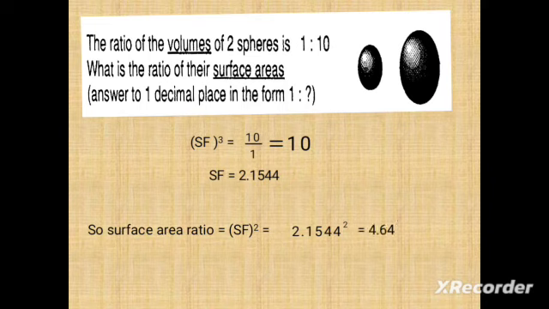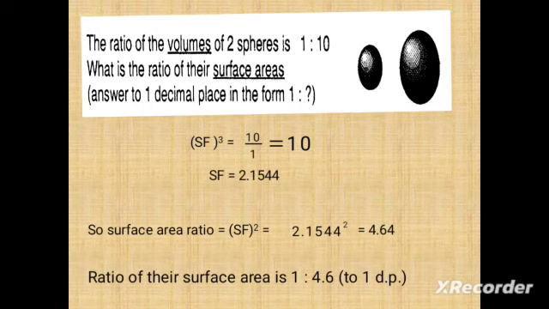And our ratio is 4.64. So to get the ratio of their surface areas, it should be 1 ratio the answer that we have just got above there. So 1 ratio 4.6. We have rounded to 1 decimal place as per the condition in the question.